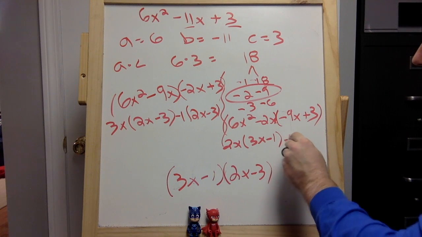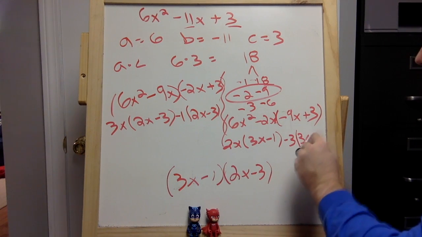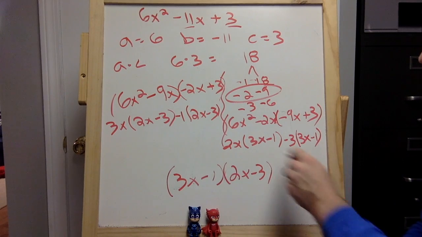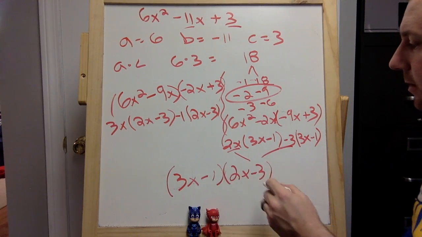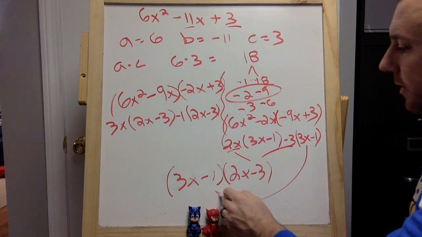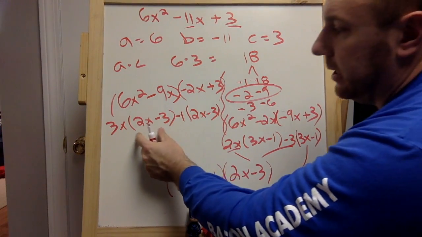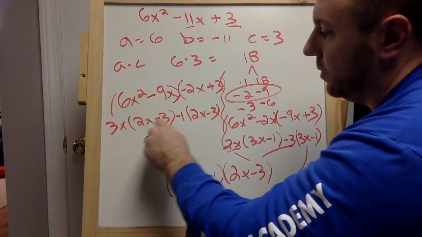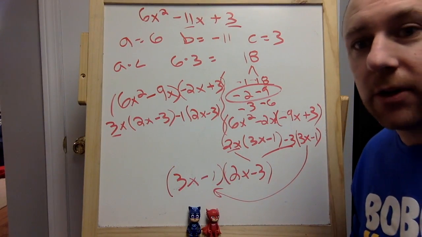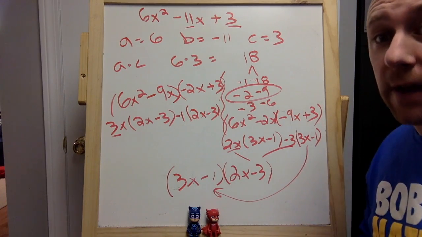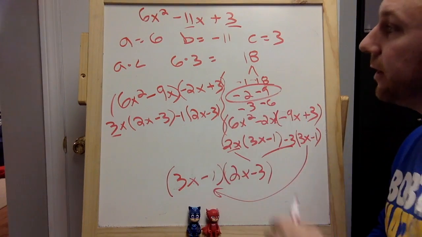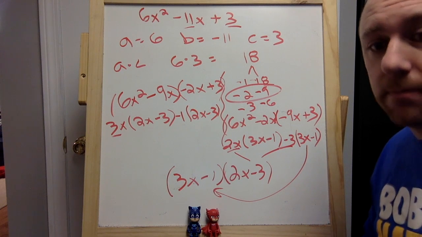So I'm going to take out a -3 here, and I got 3x minus 1. Oh, look at that. They come out to be the same thing. It's just a matter of which comes out to be inside the parentheses and which is the GCF for each problem. So it doesn't matter which way you organize it, as long as you know how to factor by grouping and to follow all of those steps.